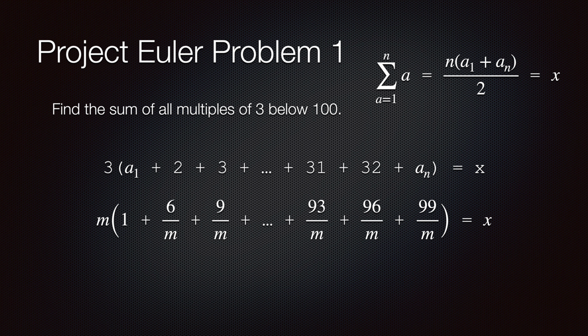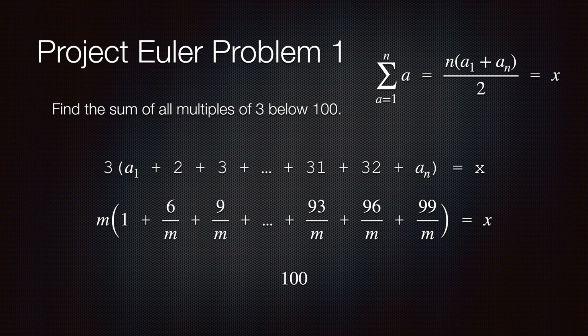Now, the hard part. How do we get this 99? We can say it's a given from our problem statement, or we can compute it given an arbitrary maximum. I like the second option.